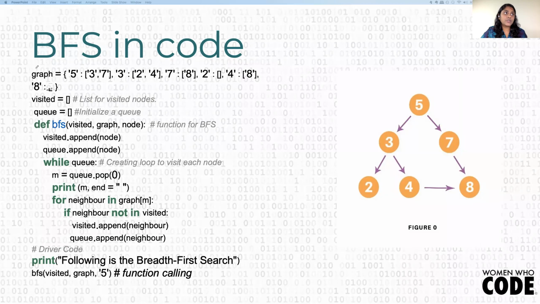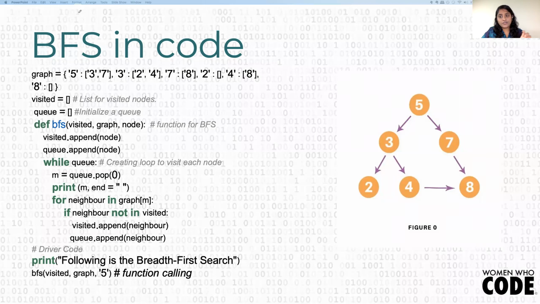So here in the visited, I'm adding that node to the visited list, and then also adding it to a queue initially. This is generation 0, the first node here. In this case, it's 5. Then I pop out that element from the queue and process it, and for every neighbor of that node, in this case for 5, we have 3 and 7.